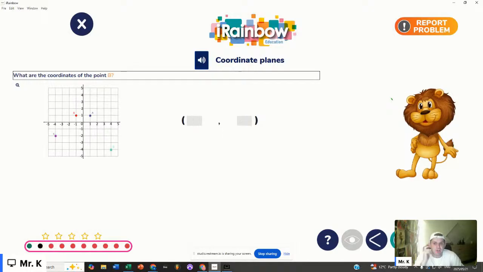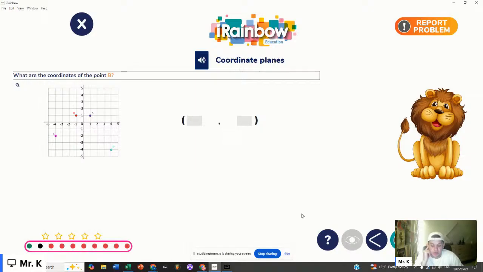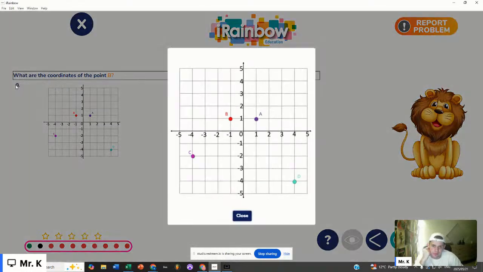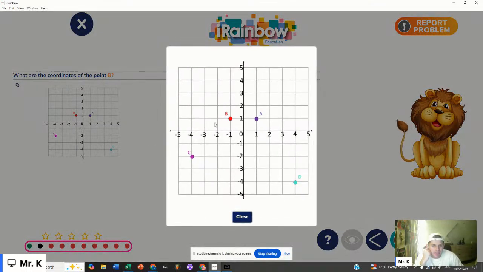Okay, if I try one last example with you guys, what are the coordinates of point B for Bravo? We can see that point B is the bright red dot at the top left in quadrant 2. If we want the coordinates of the point, we need to find the x and y values.